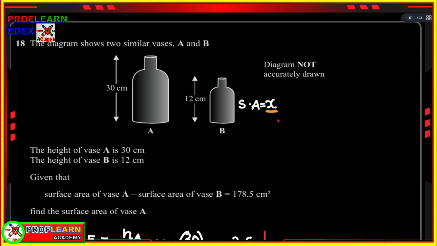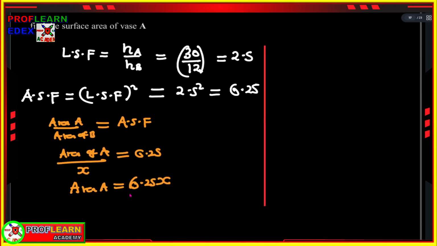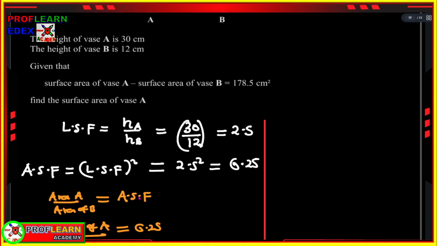So area B is x, area A is 6.25x. Therefore we are going to say 6.25x minus x is equal to 178.5.